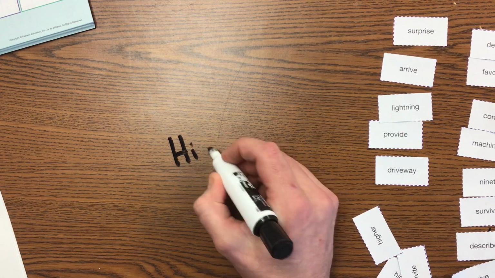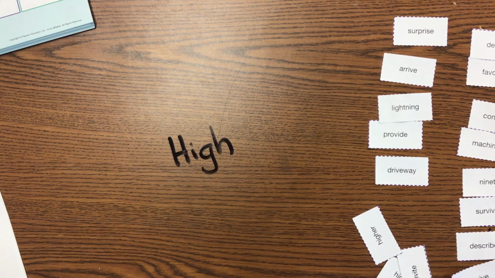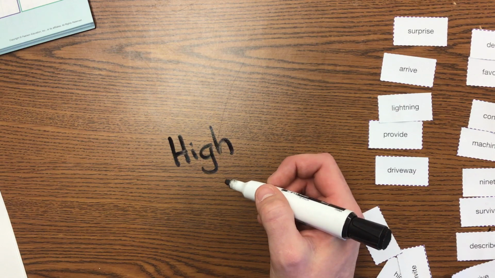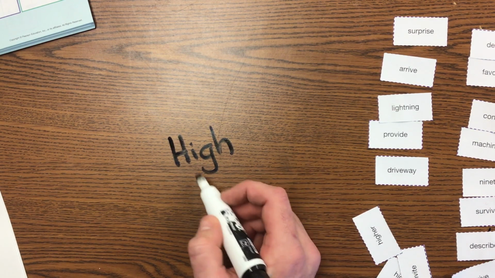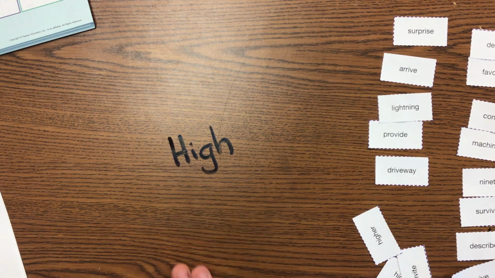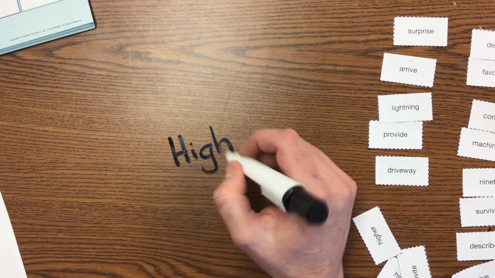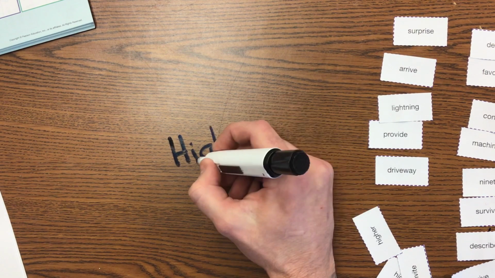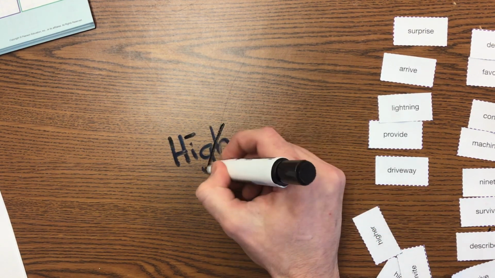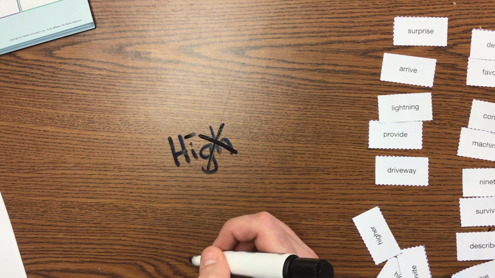For example, hi. Hi is only one syllable, hi, right? It's not ha, hi. Because the GH is next to that I, we know it's going to make that I long, but the GH becomes silent.